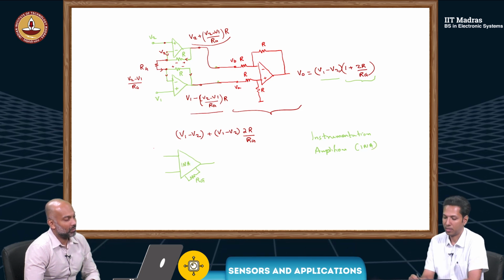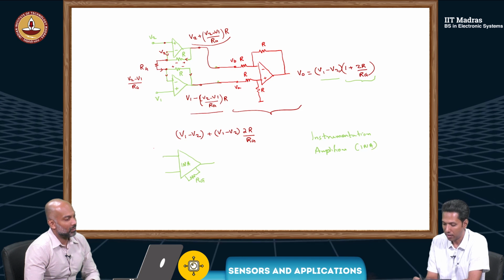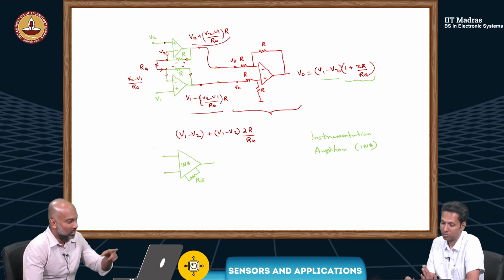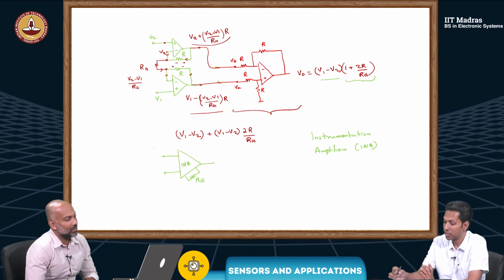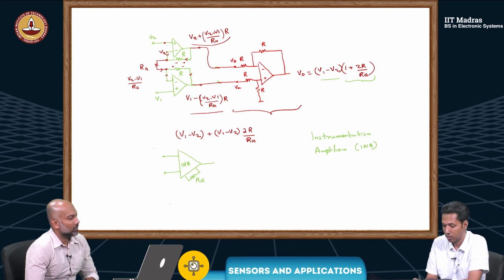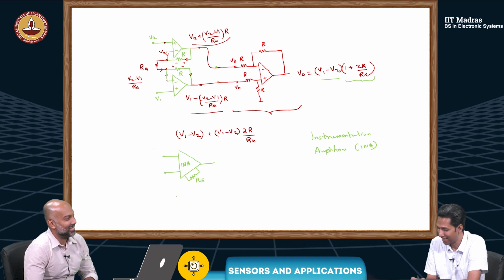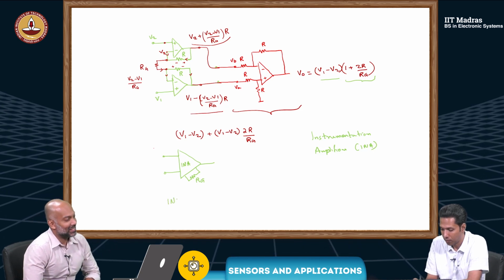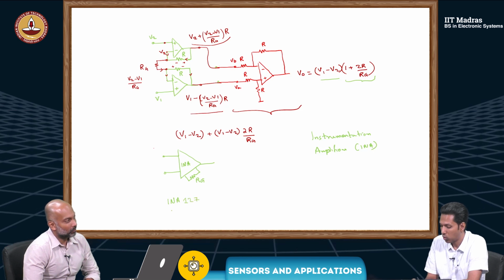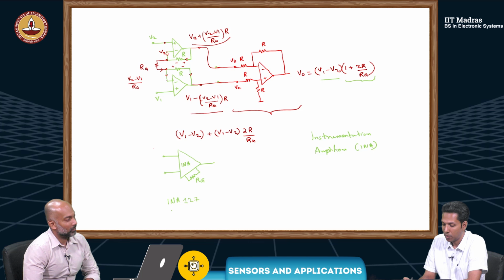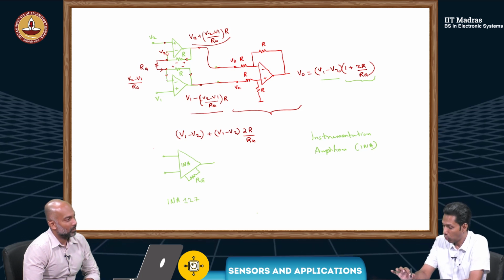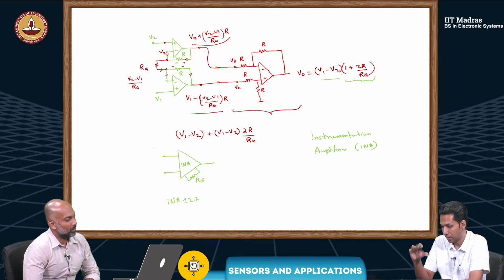So when we show just a block like this, with Rg and the two terminals here, it shows it's an INA, and what is inside is these three op-amps. I'm not trying to sell a product, but if a student searches, there is INA127 or 101 and so on, in an IC form where all these resistors are inside.